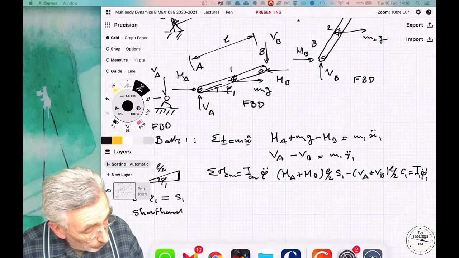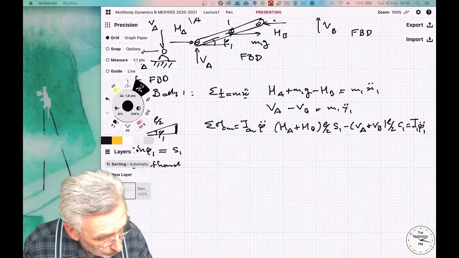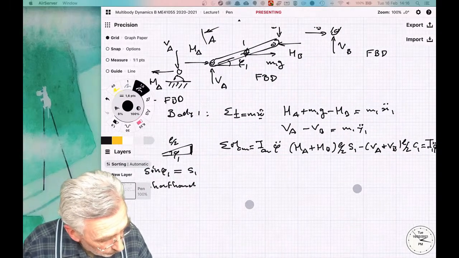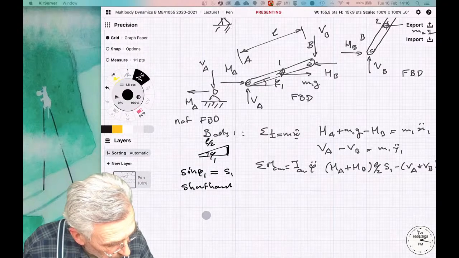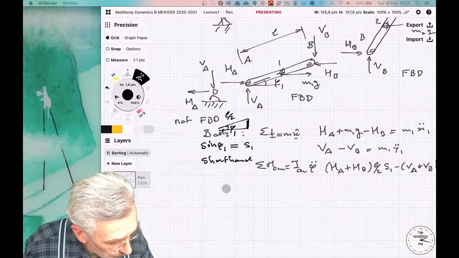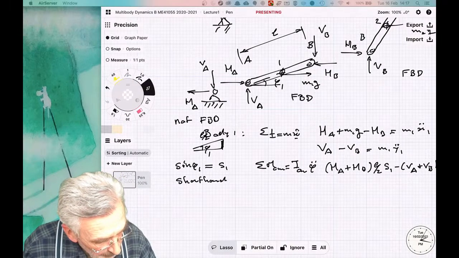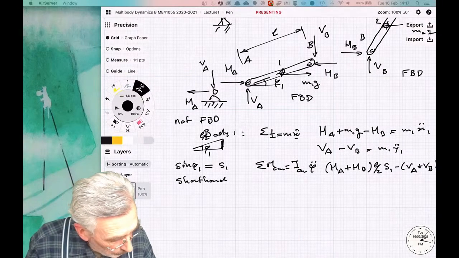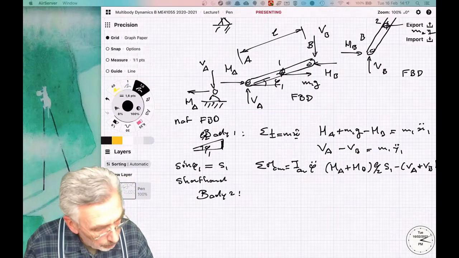And of course, likewise for body 2. Now for body 2, we're going to do exactly the same thing.